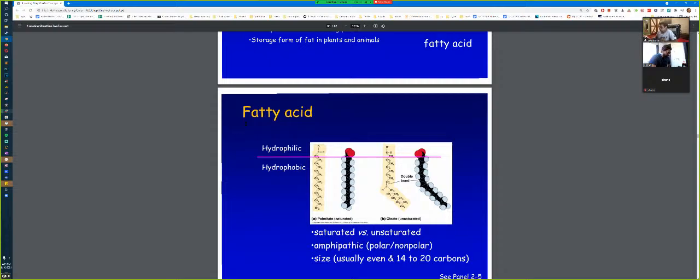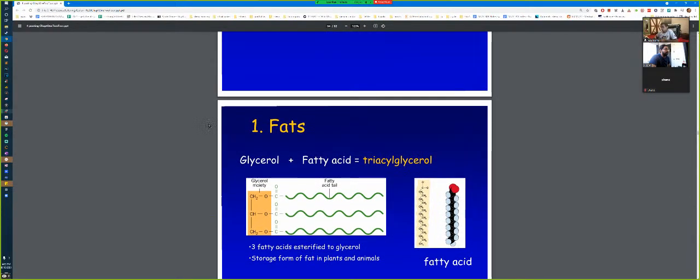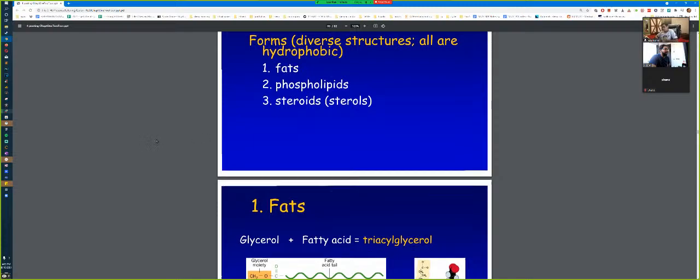I wrote down what the forms were: the fats, steroids, and phospholipids. So under the forms, we're dealing with just the fats right now.